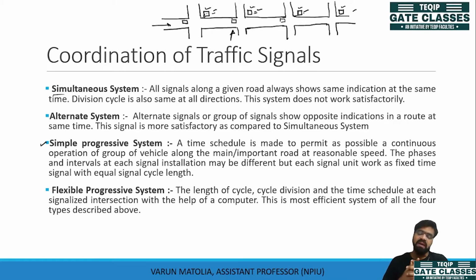This is the most efficient system, and of all the four types of system we described here, the flexible progressive system works best. These arrangements are for a series of intersections, and here the flexible progressive system allows smooth traffic movement through the series of intersections at a reasonable speed.